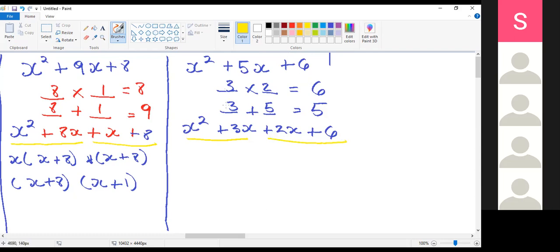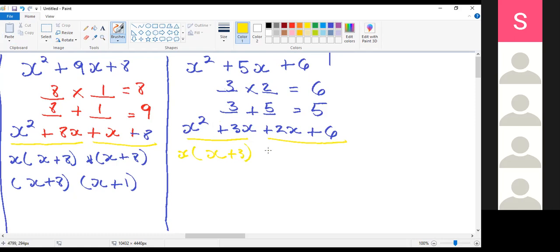And then factor. So what is the factor for this one here? x bracket x plus 3. Good. And the next one, what's the factor?